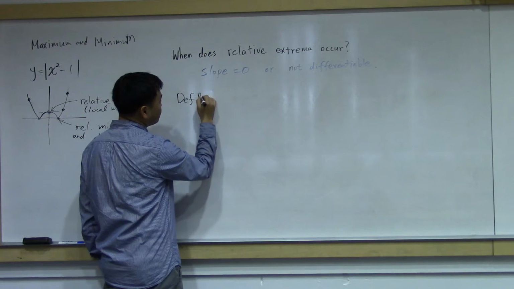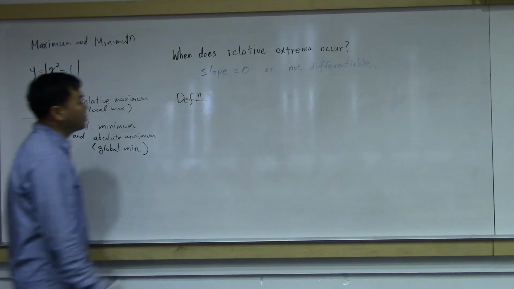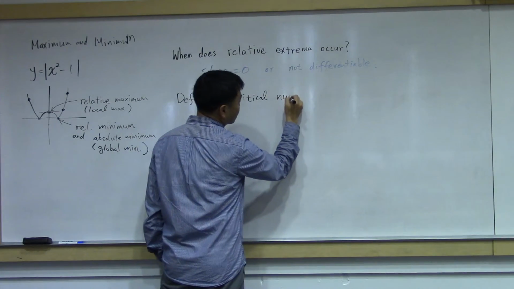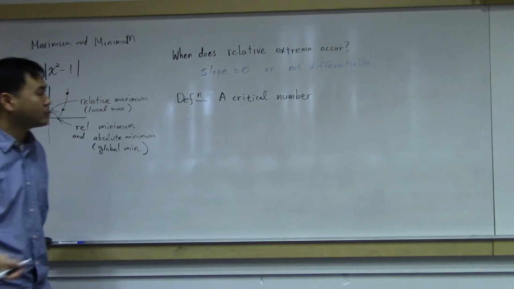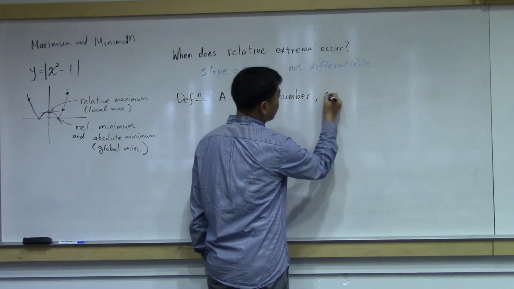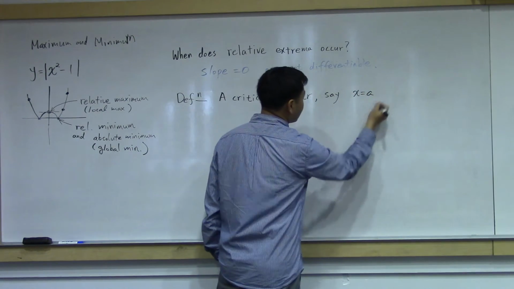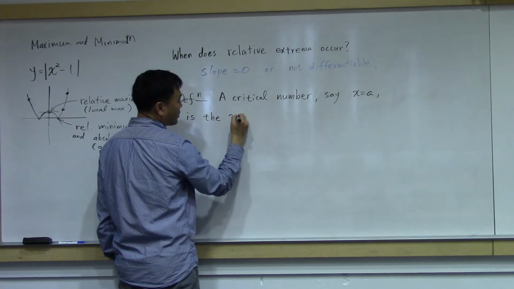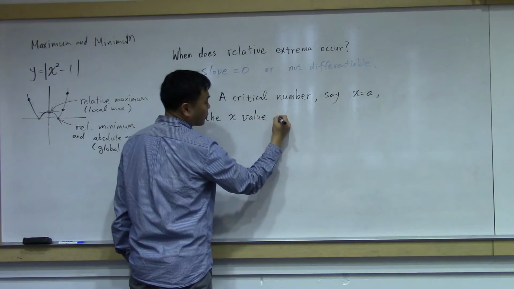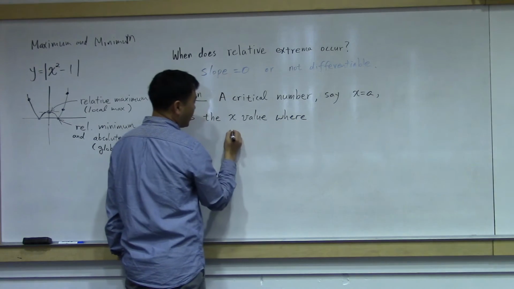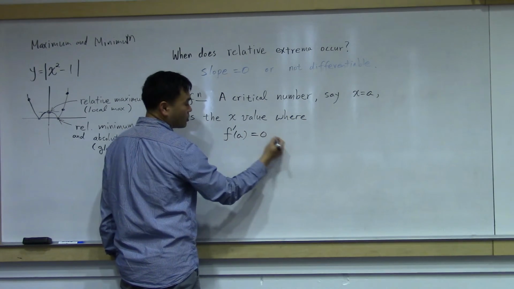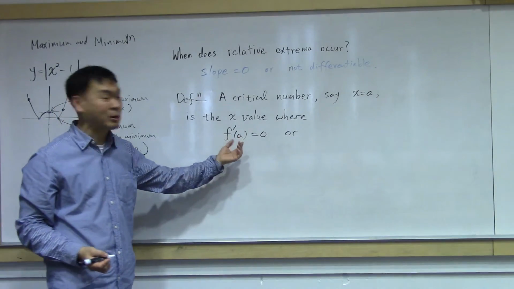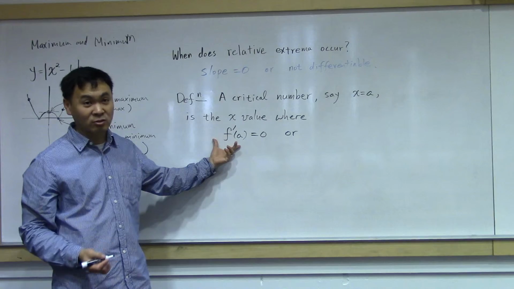Definition: a critical number, say x equal to a, is the x value where f prime of a is 0, or f prime of a means the slope is 0, because the derivative has the information of the slope of the tangent line, right?